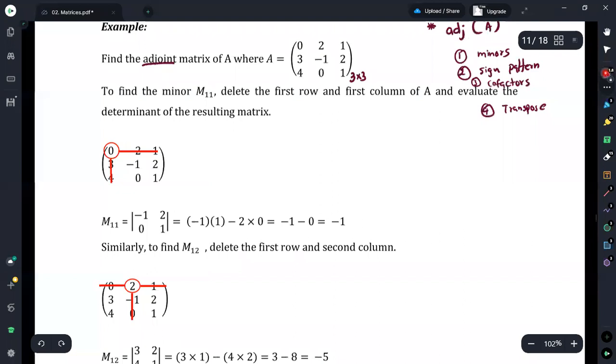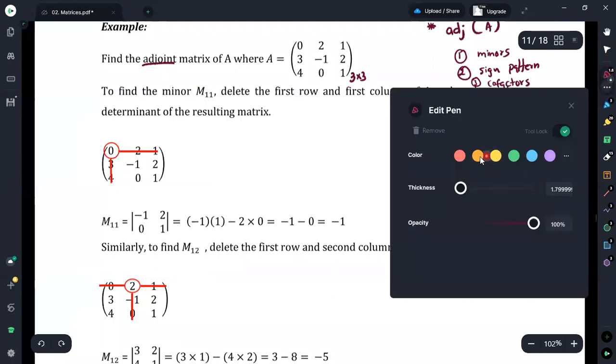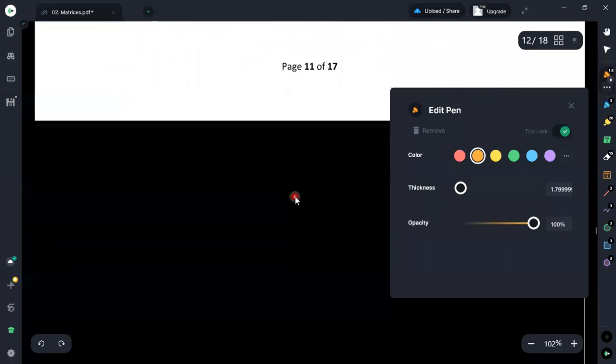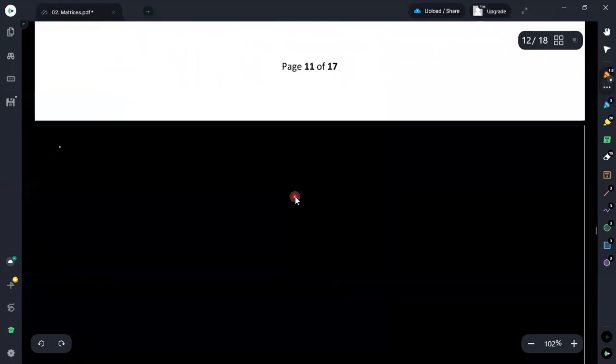The matrix is given in this form. Matrix A is equal to 0, 2 and 1.